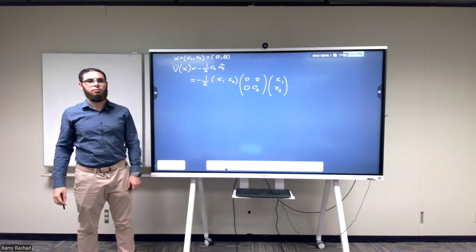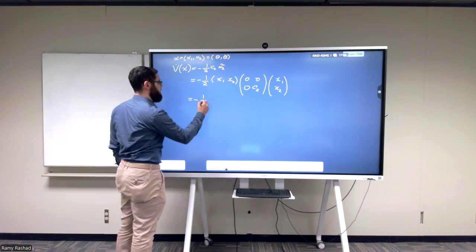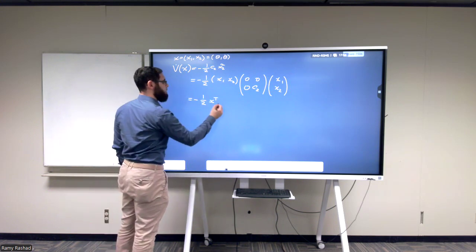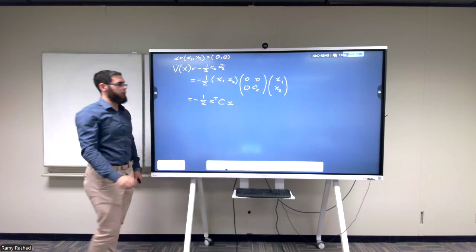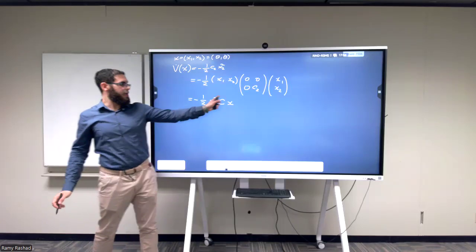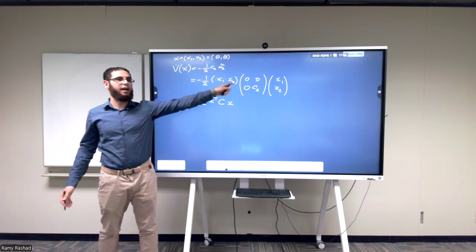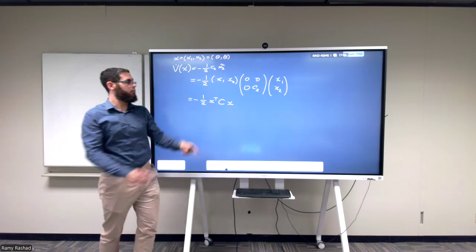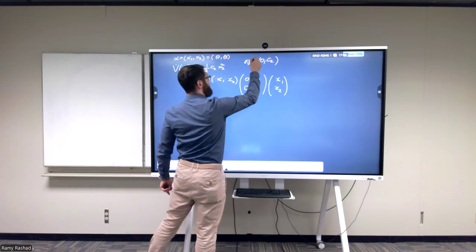So this is equal to minus half x transpose, let's call this matrix in between C, and then x. Now, first of all, this is negative, and we need to check the definiteness of this C. Let's calculate the eigenvalues. The eigenvalues of this are trivial. What are they? They are 0 and c2.